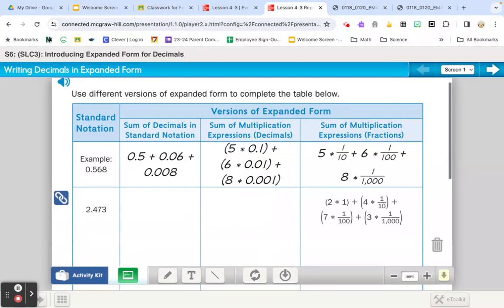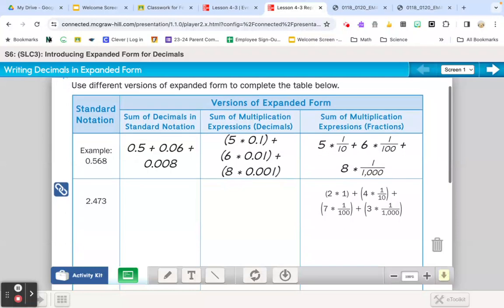All right, here we go. So this is the same chart you have on page 118. They give an example of 568 thousandths in 3 different versions of expanded form. They have the sum of decimals in standard notation. This is what we are used to seeing. This is what most of you do when we do whole number expanded form.